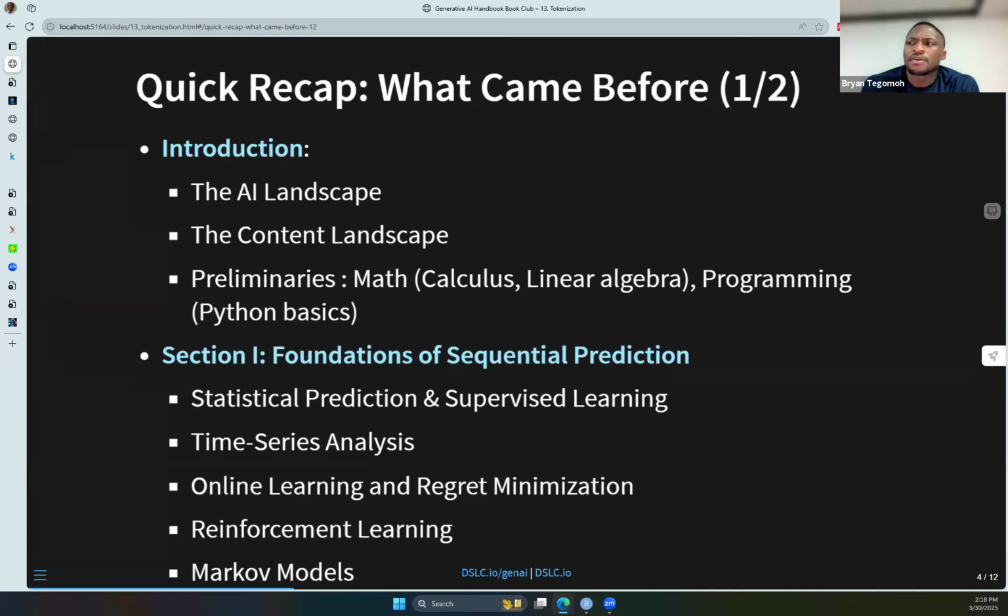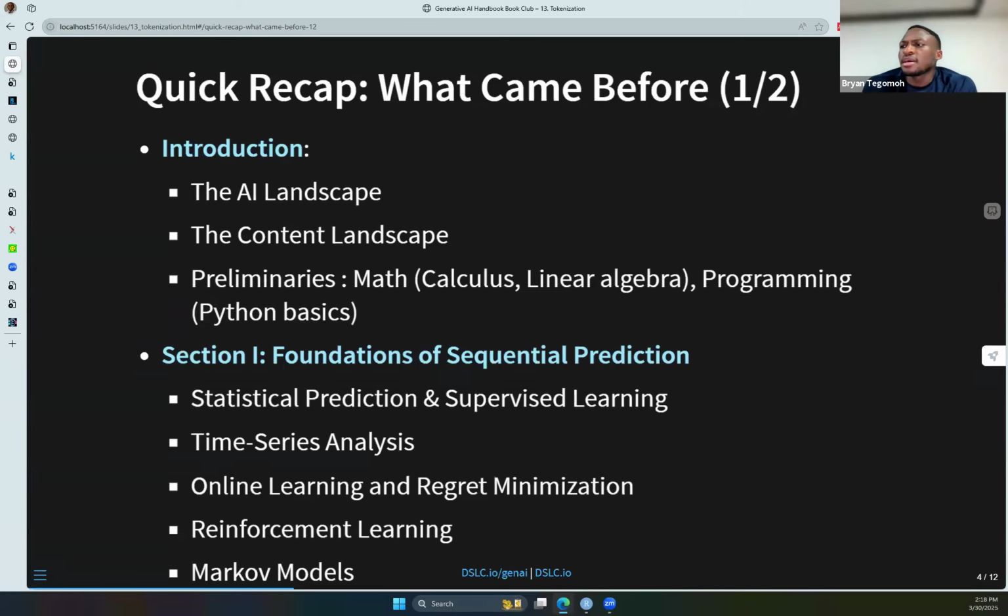I think we have one of us here who is a bioinformatician. So we talked about how we use Markov chain Monte Carlo in Bayesian methods in phylogenetic analysis, and the whole essence of predicting future states depending on the current state. We tried to align that in the context of machine learning.